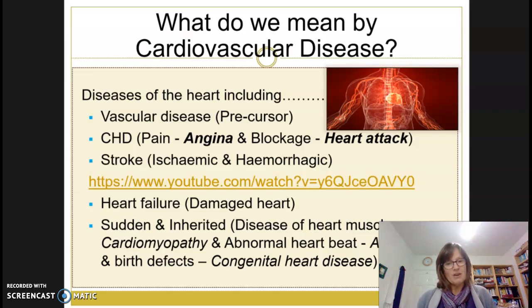So that bit of the brain, because we're talking with strokes, we're talking brain, that bit of the brain becomes damaged. So it's either a bleed or it's lack of oxygen due to some kind of ischemic accident. So do have a look at the YouTube video to try and get an understanding of that.